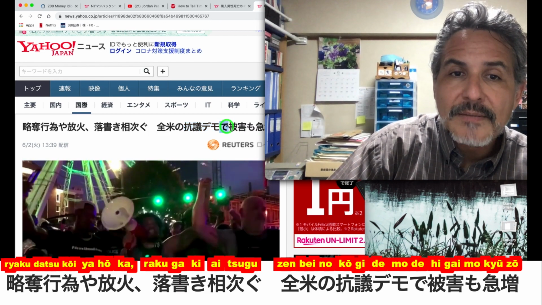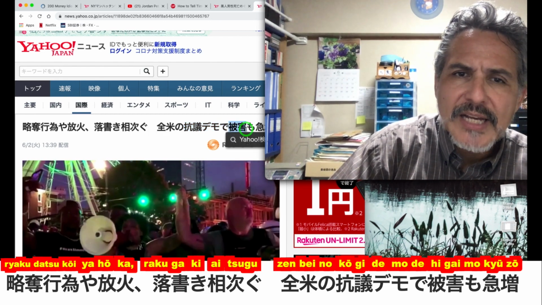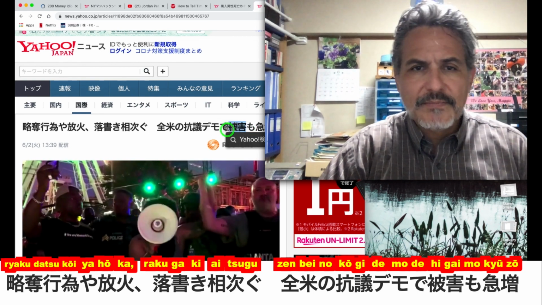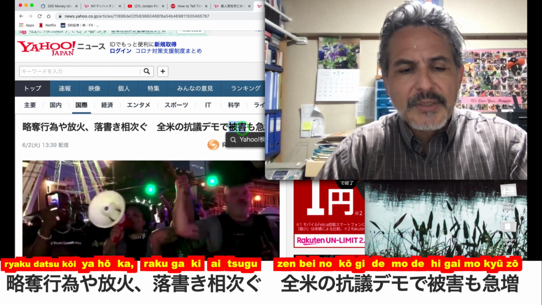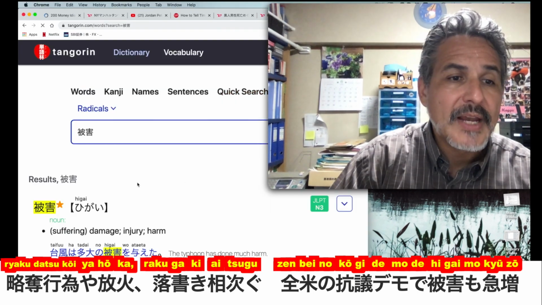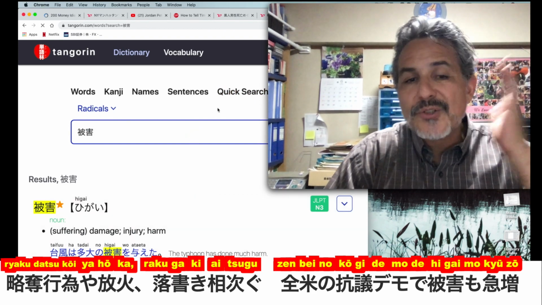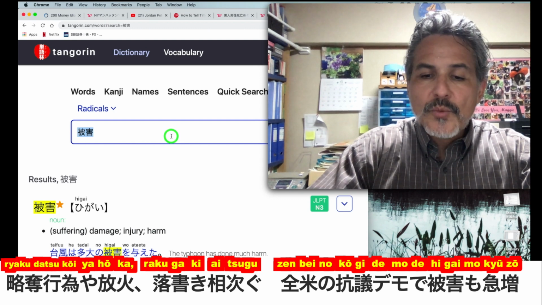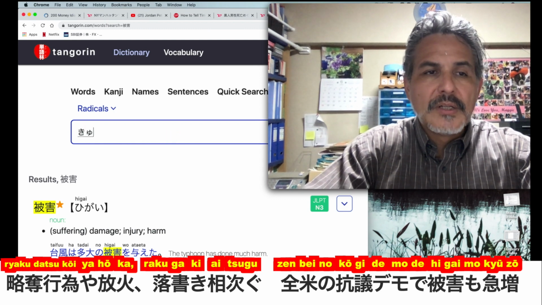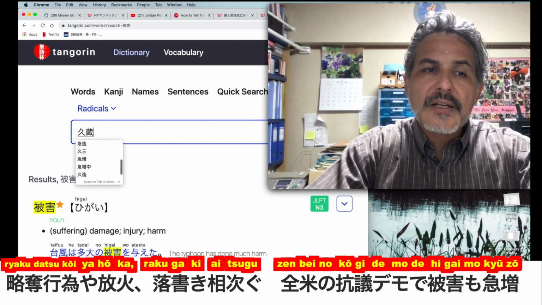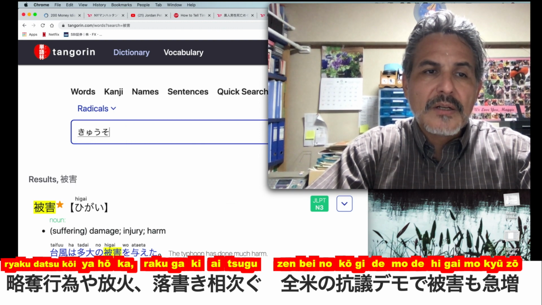Higai is casualties, I believe, and we're going to look that up again. And yes, higai is suffering, damage, injury, harm. So injuries and harms, I would say casualties. And the new word we just learned, well, I can read the kanji, so I can guess what it means.